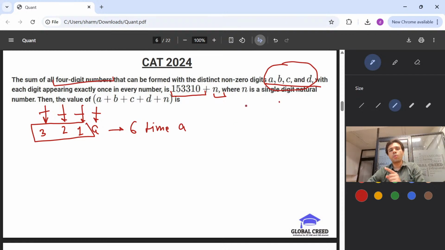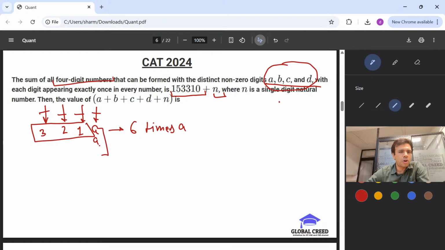A at the tens position also 6 times आएगा. Similarly, A at the 100th position also 6 times आएगा और A at the 1000th position also will be 6 times. So what we are trying to say out here is, if I have to add all of them, 6 times A will come here, right?